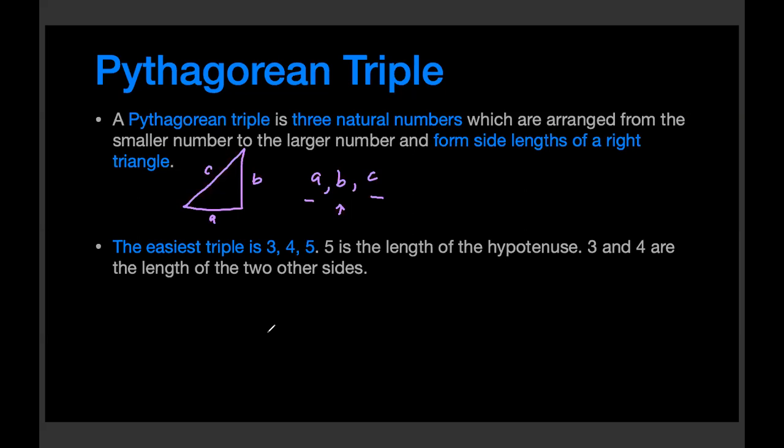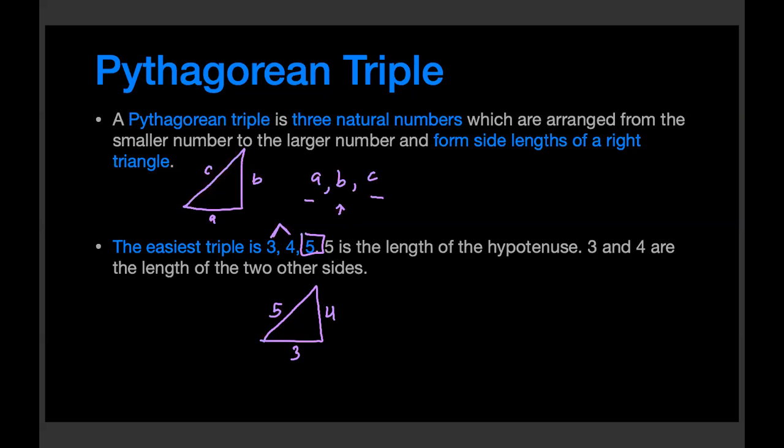The hypotenuse is 5 because that's the longest side, and then we can call 3 and 4 either one, because my drawings are not going to be to scale as much as I'd like. The hypotenuse is going to be this number, and the legs of the triangle are going to be these guys.